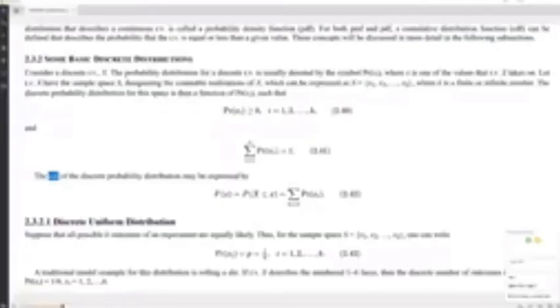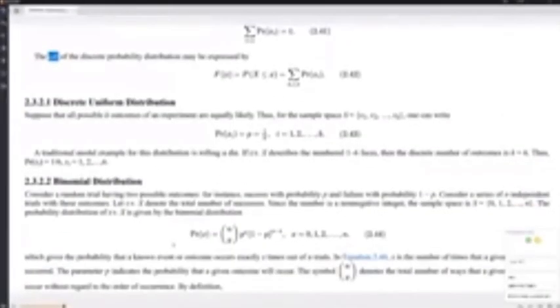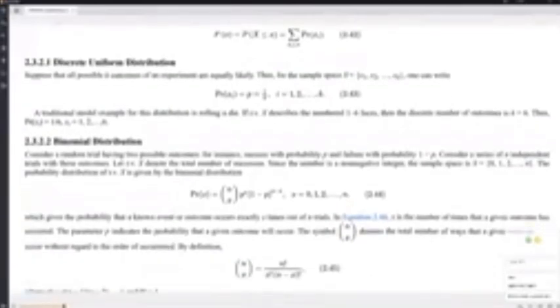So go back to our textbook again. We have several examples of discrete probability distributions. The first one is the discrete uniform distribution. By uniform, it says that the probabilities are all equal.